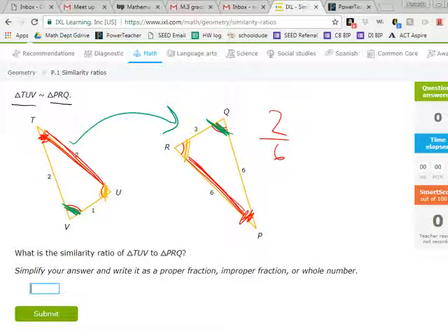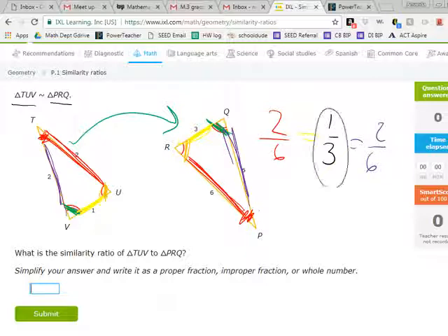Or if I wanted to do, let's go from UV, so that's orange to green, would be here. That should be, let me do that in a different color so you can see what it is. 1 over 3. Or I could do from UV, that's from green to red, so green to red. So it should equal 2 over 6. Now if I reduce those down, I'm going to get 1 over 3. So my answer is going to be 1/3.